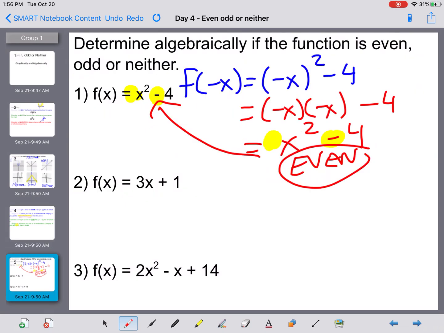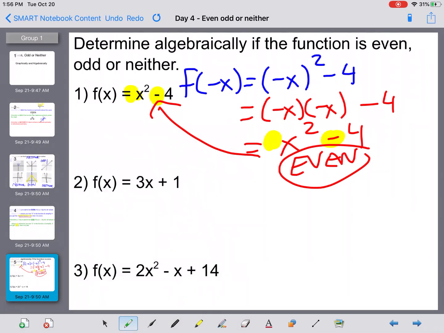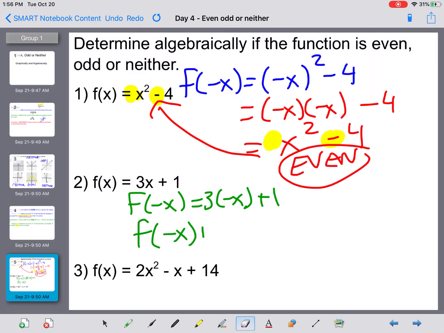Okay, if we have f of x equals 3x plus 1, so if we plug in negative x, we get 3 times negative x plus 1. So we would say f of negative x is equal to negative 3x plus 1. And looking at that, our signs, we have negative and negative, so we should know it's not even.